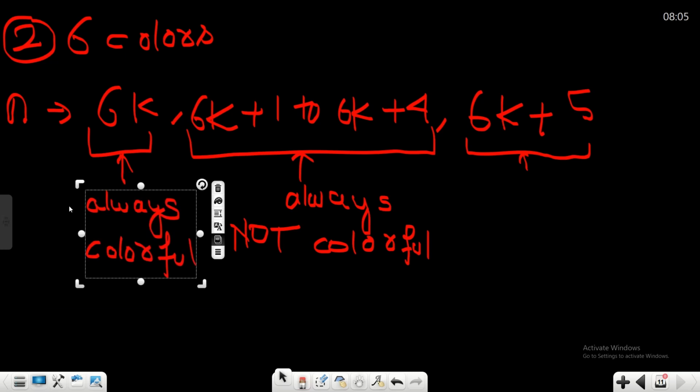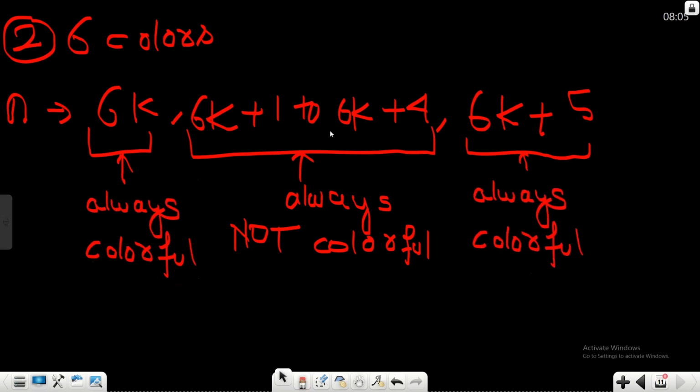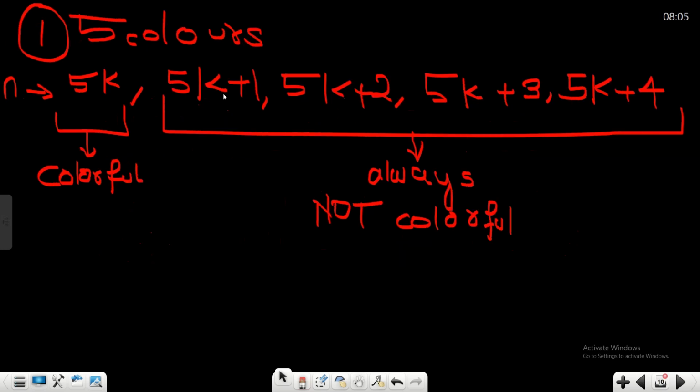So now one thing is clear, that n should be in these 4 forms when it comes to 6 colors, and when it comes to 5 colors it should also be in these 4 forms.